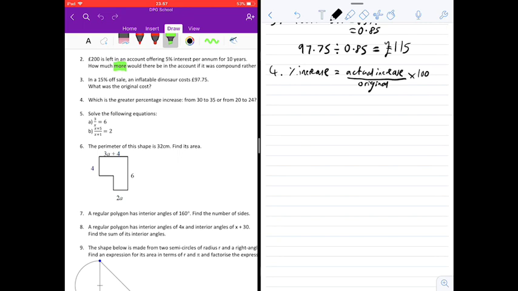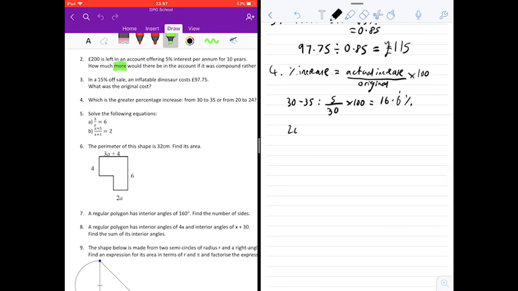So first of all, 30 to 35. We're going to have the actual increase, which is 5, divided by the original, which is 30, and we're going to multiply that by 100, which is 16.6 recurring percent.